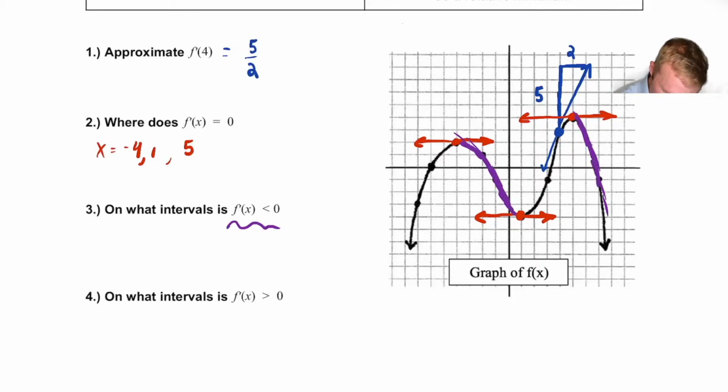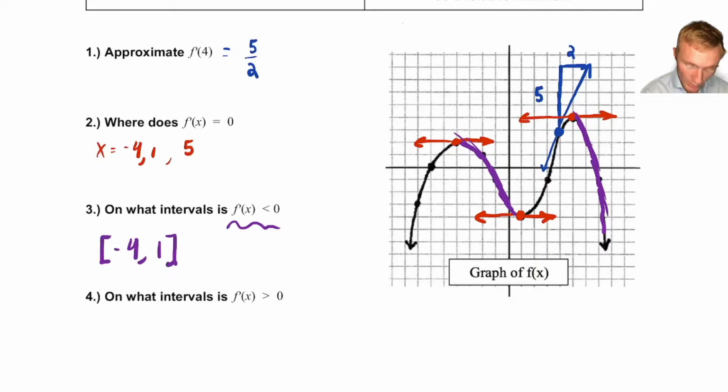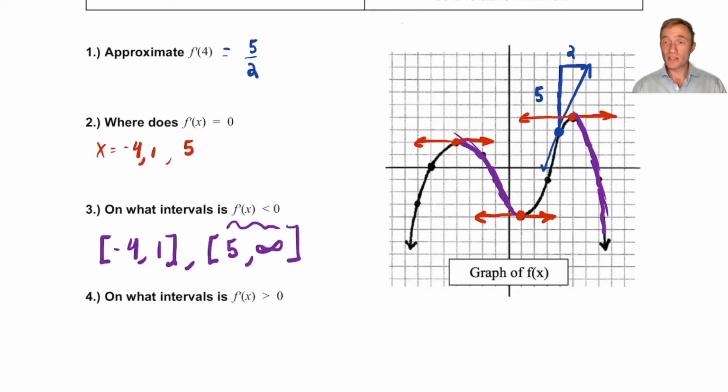My tangent line slopes are negative on these purple intervals, which happen to be from negative 4 to positive 1, from our first max to our first min, and then from our second max at 5 all the way to positive infinity. Those are where your derivative is less than 0 because if you were to draw a line tangent to that function, sorry, I have to do this backwards for you, they would point down. Versus our tangent lines are positively sloped the rest of the function.